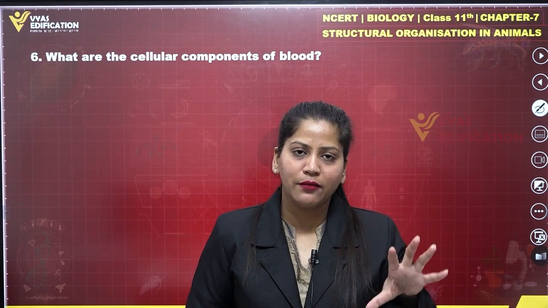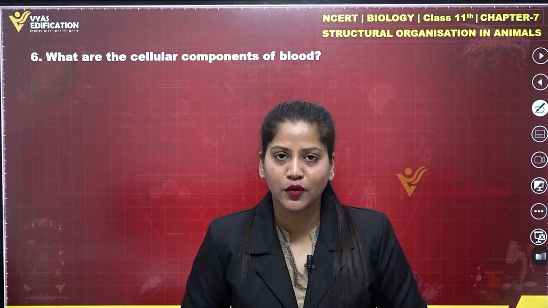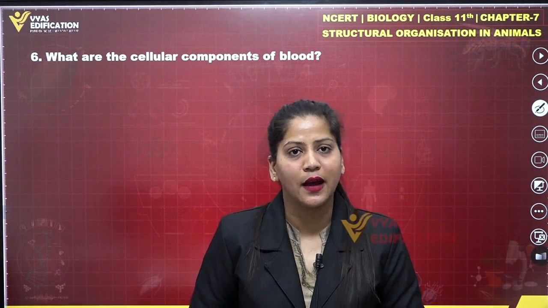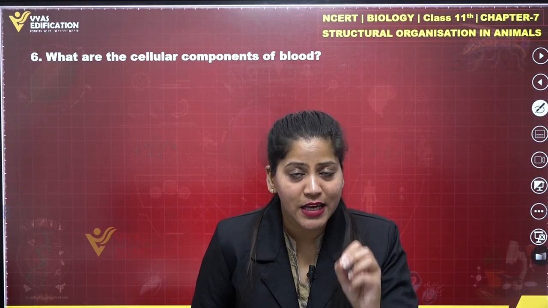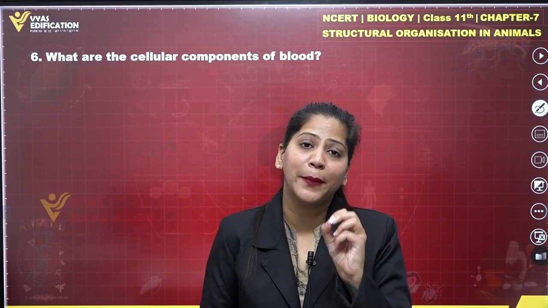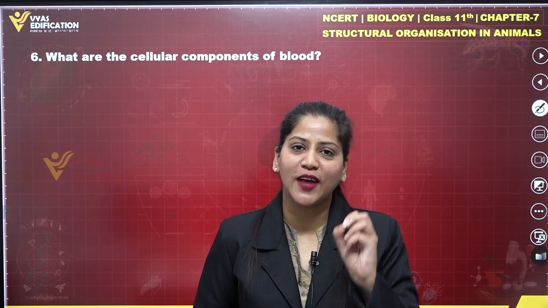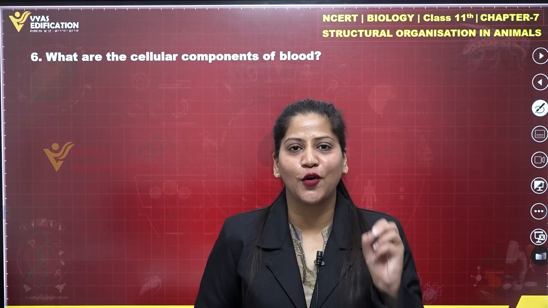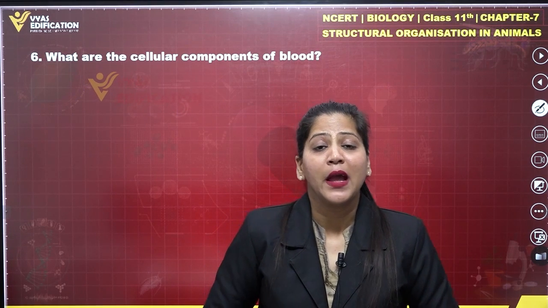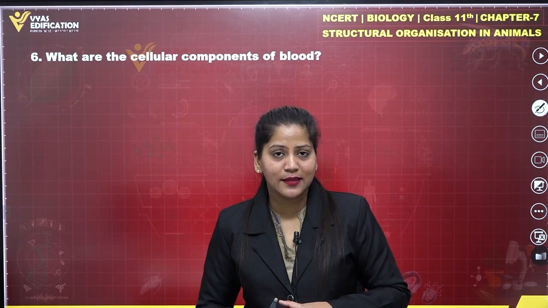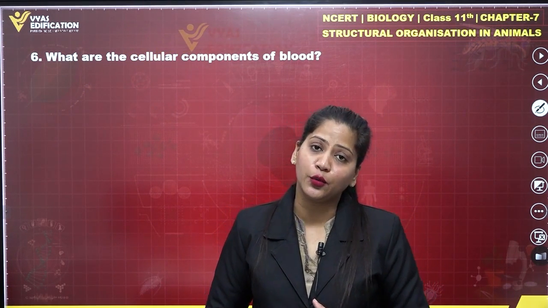Whereas mammalian erythrocytes or RBCs are enucleated, they do not contain a nucleus. Instead, they have hemoglobin, a respiratory pigment which helps in the transportation of respiratory gases such as oxygen into the body. But WBCs, that is leukocytes, are nucleated, right?